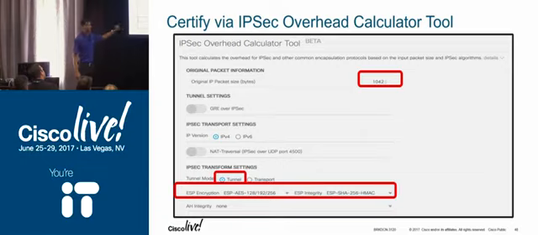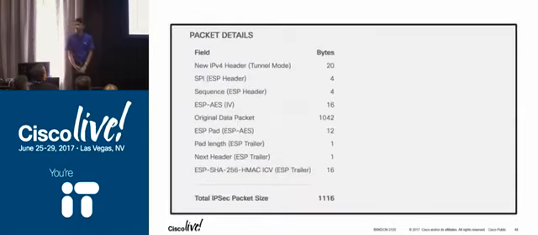Then give the ESP encryption that you're using according to the configs. I was using SHA-256 HMAC at that time. You hit enter, and this is what it shows you: 1116, exactly the same bytes that I saw in the packet capture.